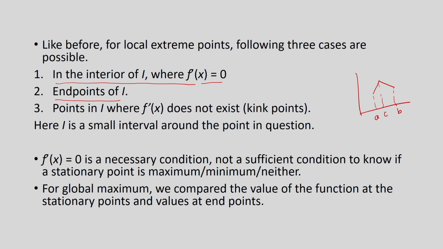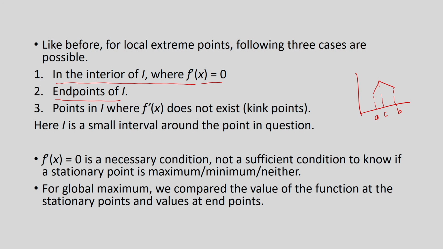So, this basically means that f dash of x is equal to 0 is a necessary condition. It is not a sufficient condition to know if a stationary point is a maximum or a minimum or neither, because we have seen earlier that f dash of x equal to 0 does not imply that you have a maximum point there, it could be a point of inflection as well.